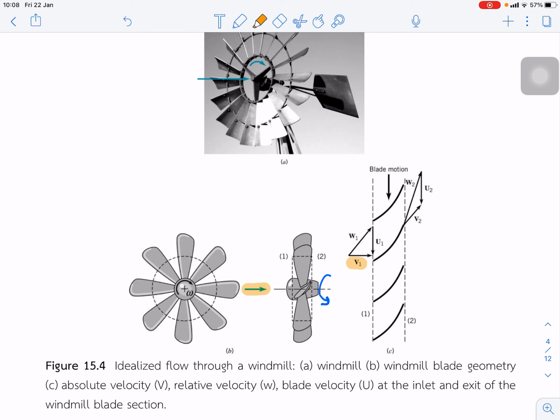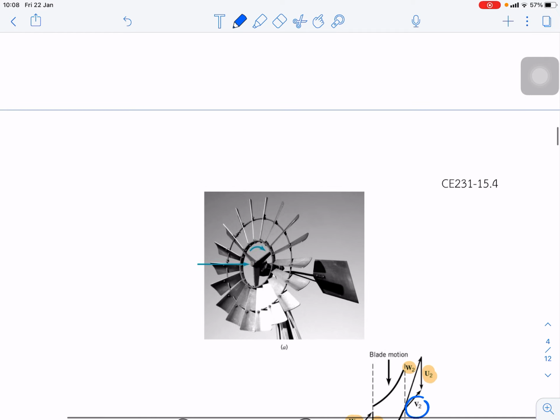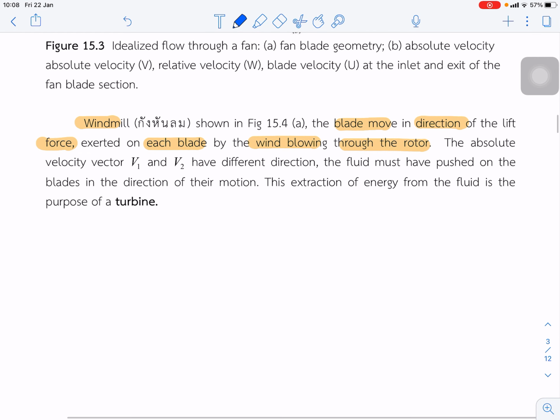U1 is moving down and U2 is moving down. U1 and U2 are the blade velocity, and W1 is the relative velocity. It depends on the blade angle. So in this case, you can see that the direction of V1 and V2 is changed. And we come to the conclusion that the fluid must push on the blade in the direction of the motion.